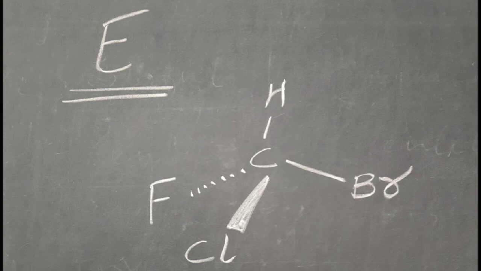Just for an example, you can take this particular case, CHBrClF. If you look at this molecule, you can understand there is no symmetry operation or any kind of symmetry element associated with it as such. Okay? Such molecules are termed asymmetric molecules.